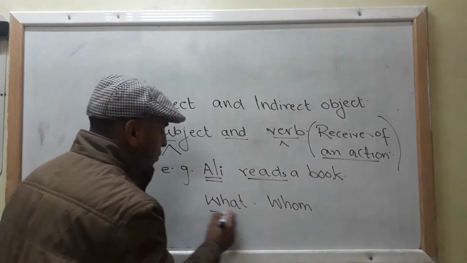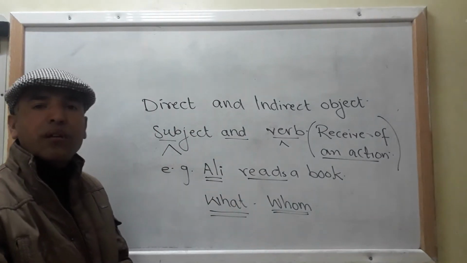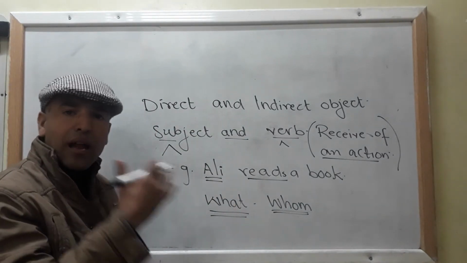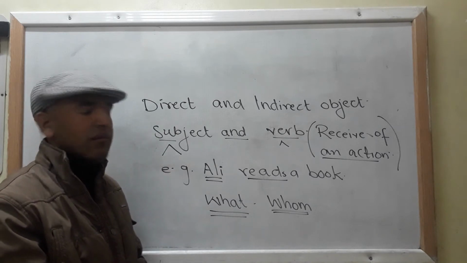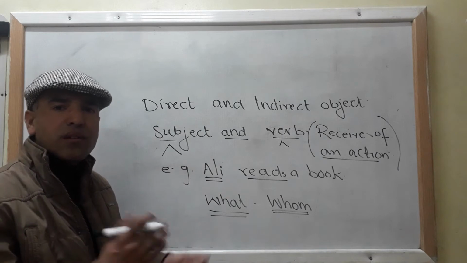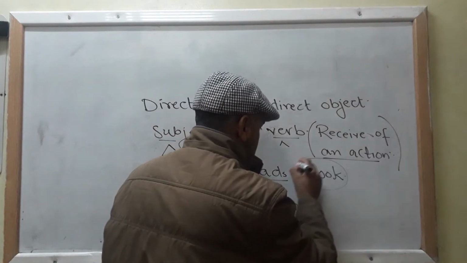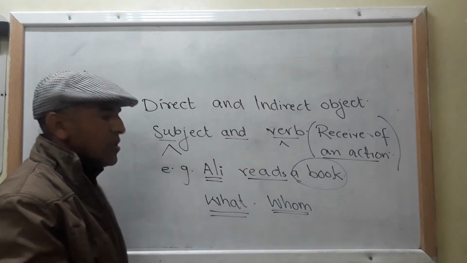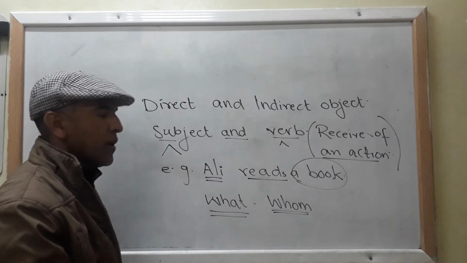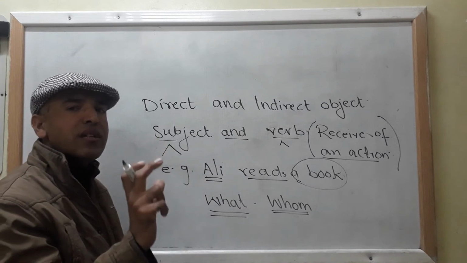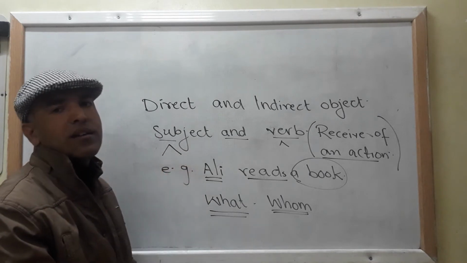These two words will be helping you in finding out your object in a sentence. See, Ali reads, what does Ali read? Or what Ali reads? Clear? A book. This is your object. By asking a question to yourselves, you can easily spot out an object in a sentence.